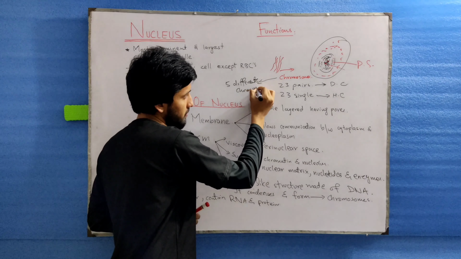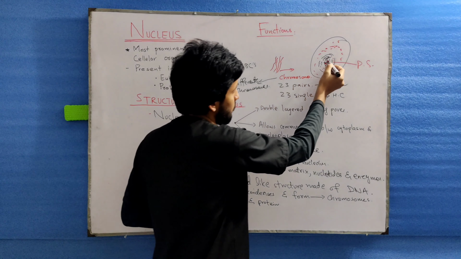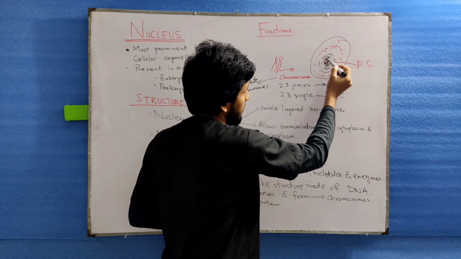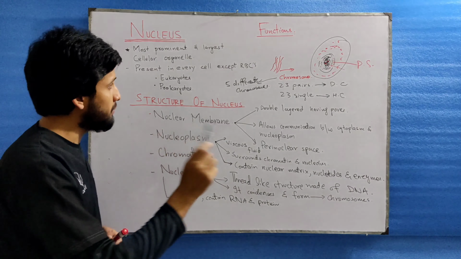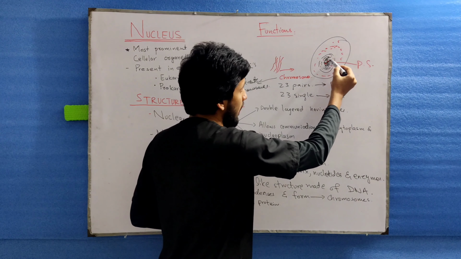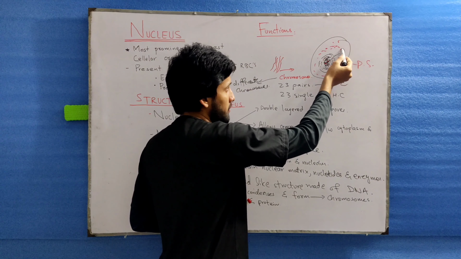The nucleolus later converts this RNA into ribosomal subunits. The nucleolus then transfers these ribosomal subunits to the endoplasmic reticulum, which is present in the cytoplasm, where they are assembled and fused to form ribosomes, and ribosomes are involved in further protein synthesis.